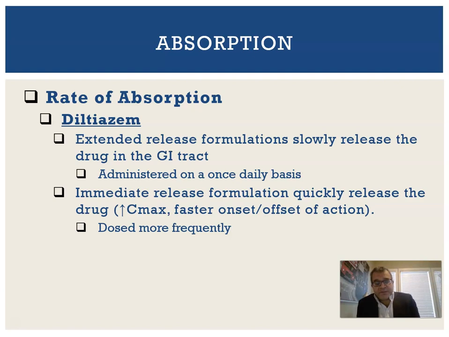There's also the immediate release formulation, which quickly releases the drug, so it will have a higher Cmax and faster onset and offset of action. But because of the fast offset of action, you need to dose it more frequently, like every 4 hours, 4 times a day, for example.